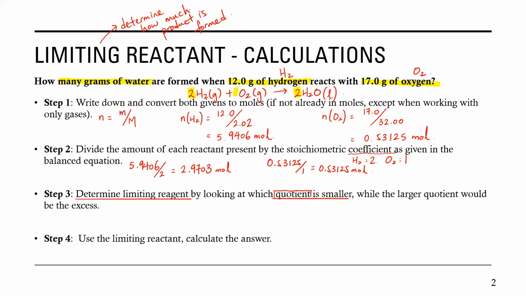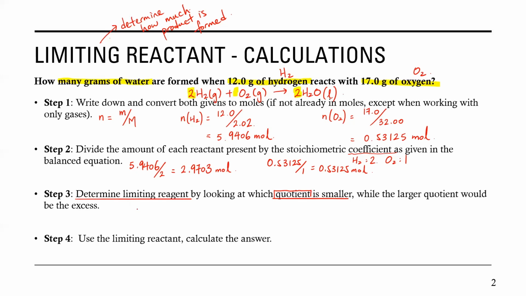Why is that? Because it's got smaller, right? So therefore it is the limiting reagent. That's just numbers, you're just working around with numbers. The smaller it is, the more limiting it is, right? It's going to limit you on the number of moles of products formed.